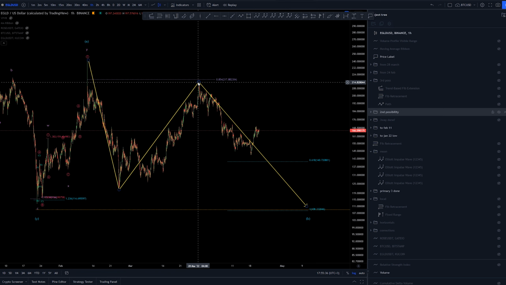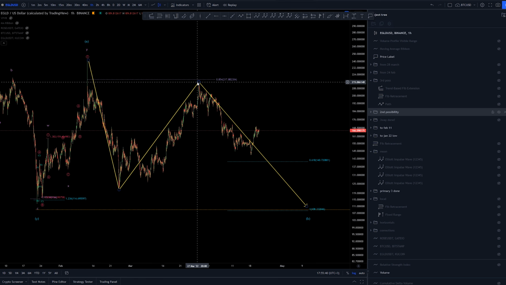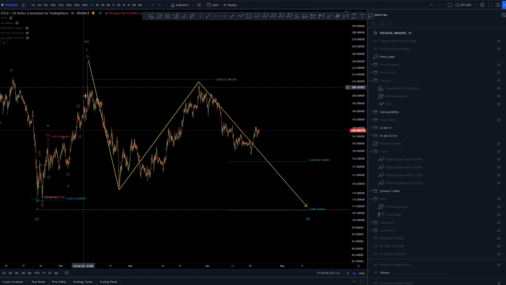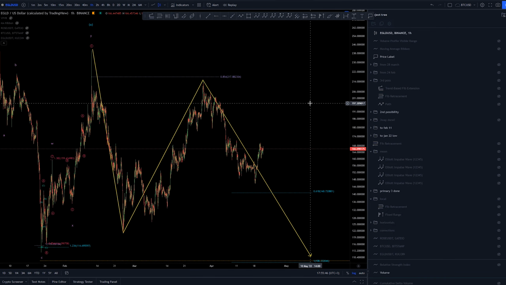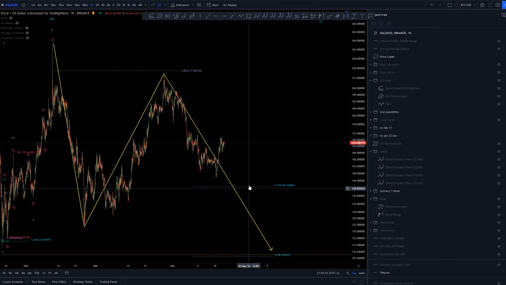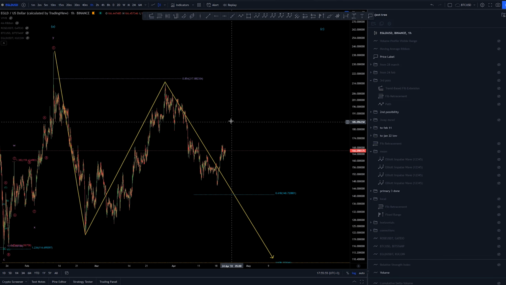Also, this high here on the 28th of March did not come to the flat area. It is close, but it still is valid for a zigzag, so we could be looking at a 5 wave move next. Now this structure here on the last leg would be a 5 wave move.